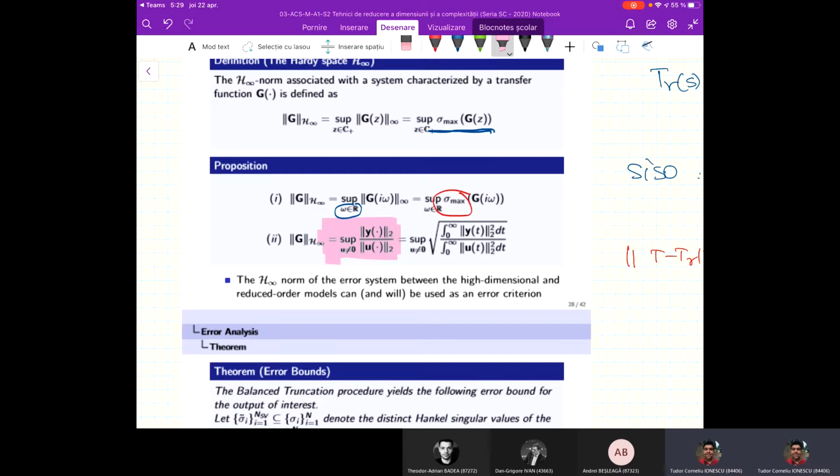So we are going to apply this to our error analysis. The H infinity norm of the error system between the high dimensional and the reduced order models will be used, as they say here, as an error criterion. Okay, it only makes sense. We need to assess this error somehow, and this is very well done in terms of energies.